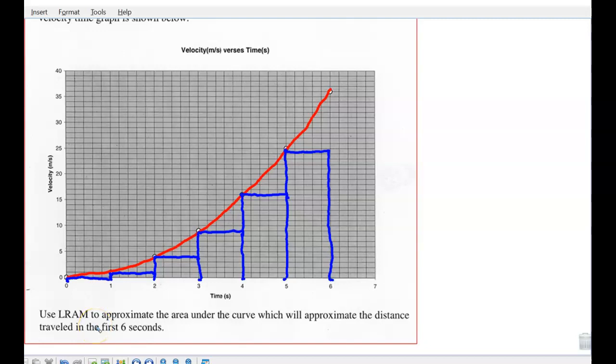Okay, so the area is going to equal the width of each of these rectangles, which is 1 second, times the heights.